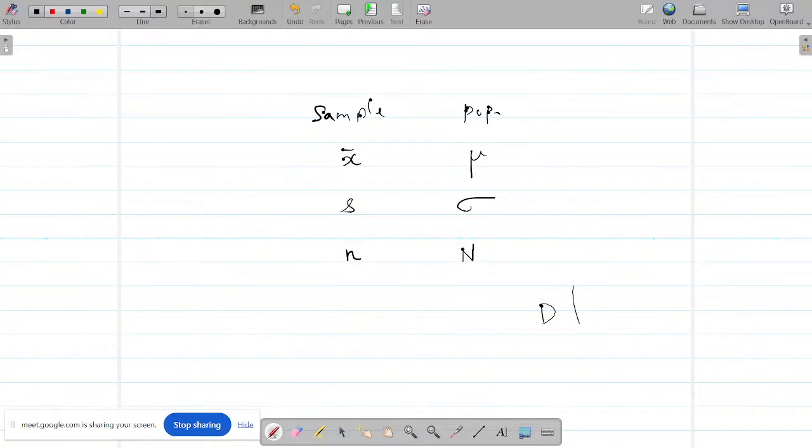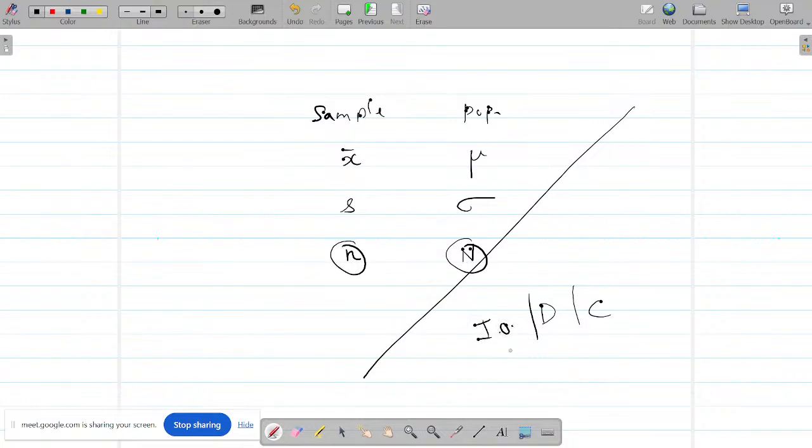This is a different concept, you should not mix them up: small n is used for sample size and capital N is used for population size. And in the case of discrete and continuous alone we use capital N, and for individual observation we use small n. So seeing this capital N, don't think we are talking about population.